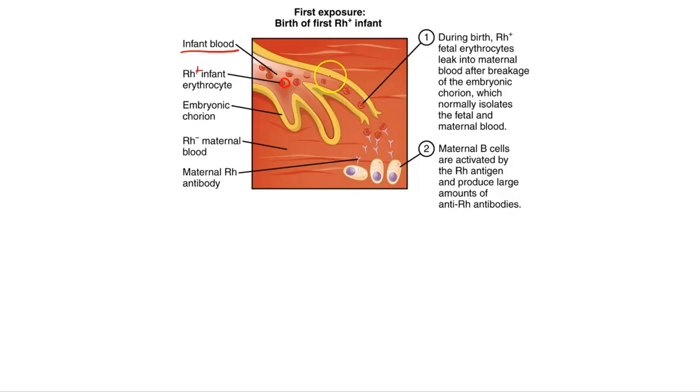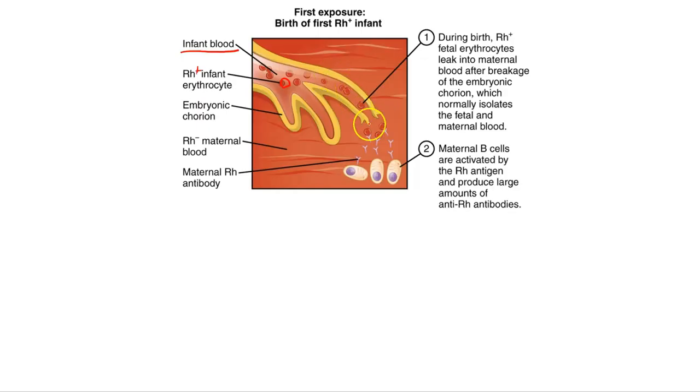Generally, the blood is kept separate, so mom's blood is never going to come in contact with baby's blood, even though they become very closely associated. But on the first delivery of the baby, there's a lot of tearing that occurs, and the placenta can tear, and there can be some baby's blood that spills out.